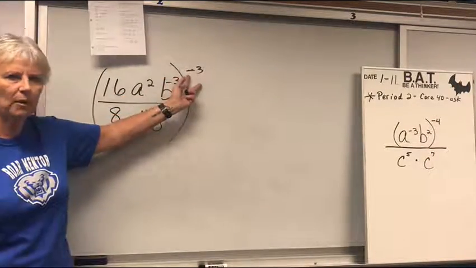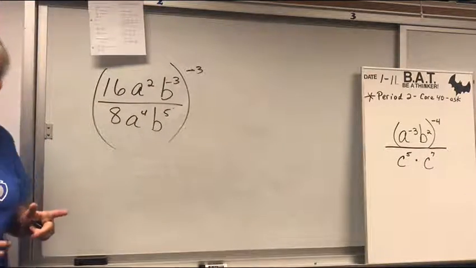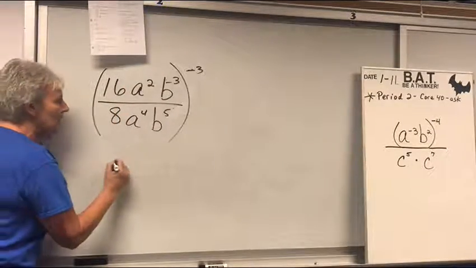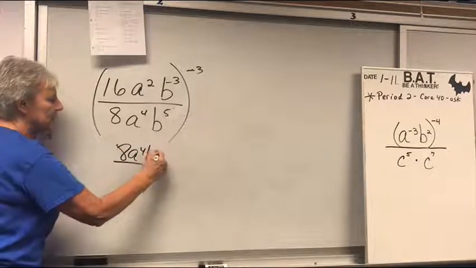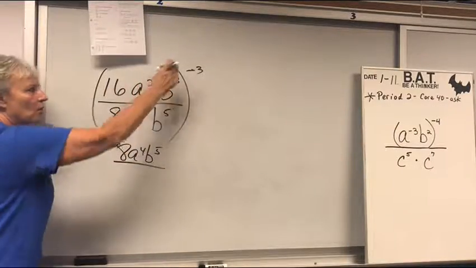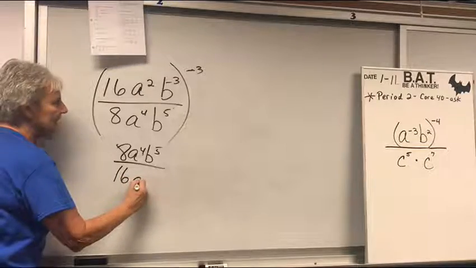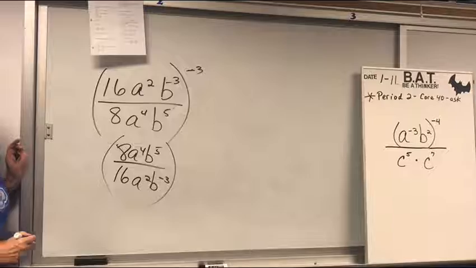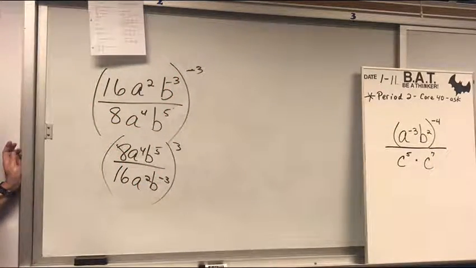I see a negative exponent, I take it off the worksheet and I write it upside down, as is. Here's what some people will do wrong. They rewrite it upside down, the reciprocal, a to the 4th, b to the 5th, and then they want to change that to a positive. You don't change this. When you have a negative exponent out here, you rewrite everything as is as the reciprocal to a positive 3. And then you deal with it.